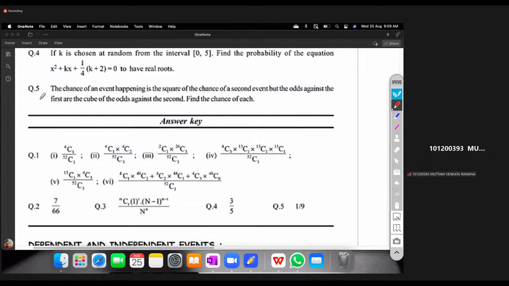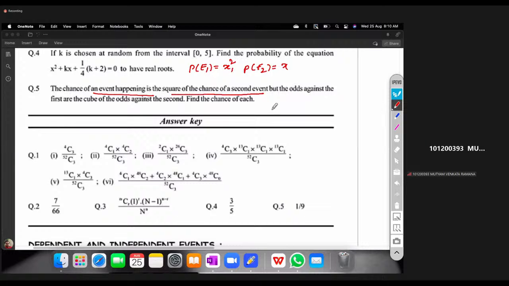Fifth question: the chance of an event happening is the square of the chance of a second event. Probability of event E1 is equal to x squared, probability of E2 is equal to x.